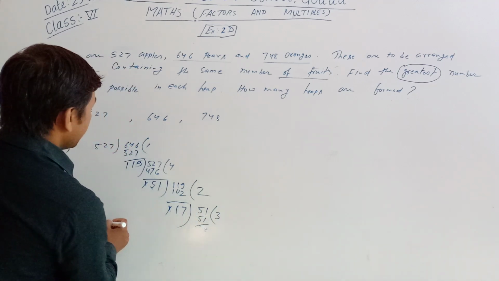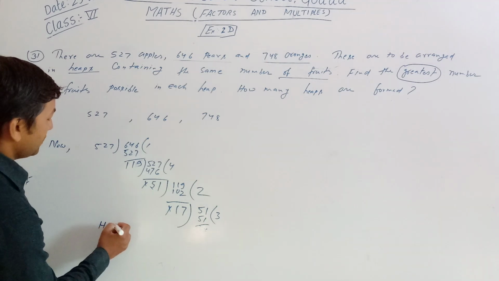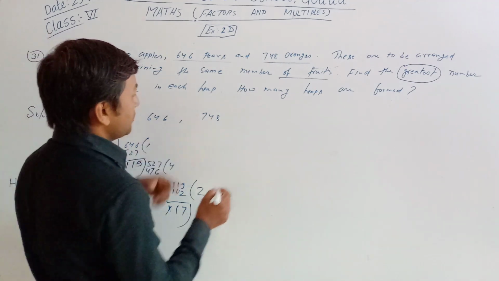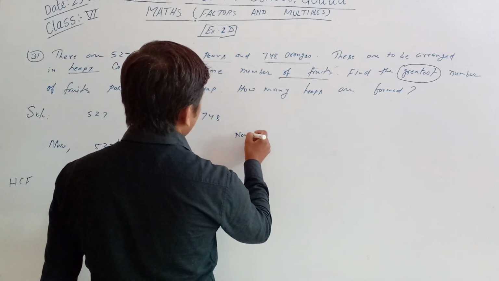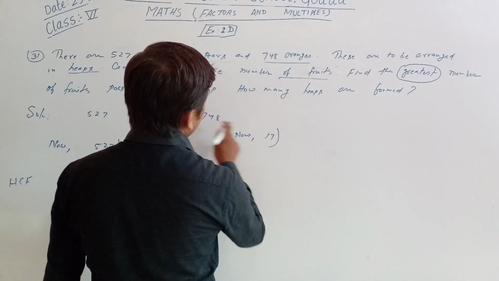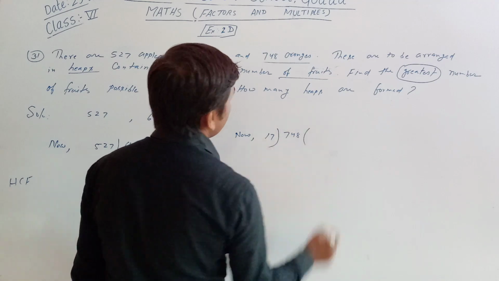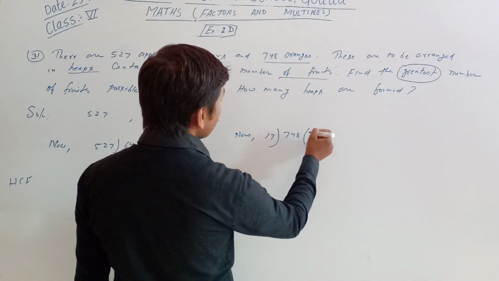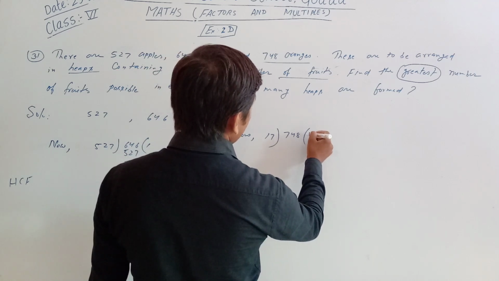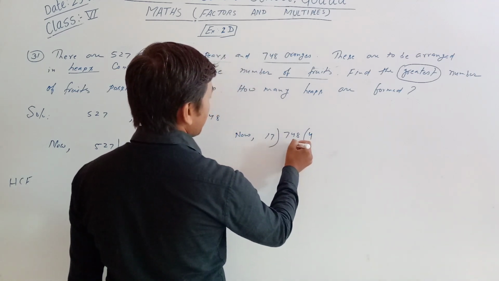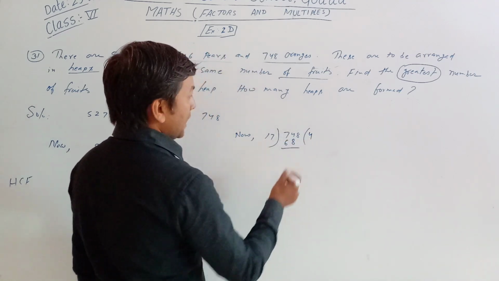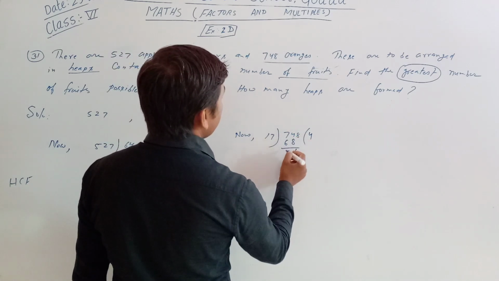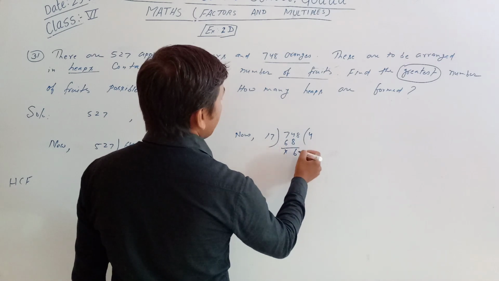Here we get the HCF 17. And with this 17 we have to divide now. 4 times, and 14 minus 8 is 6, and it is 0, and now 8.